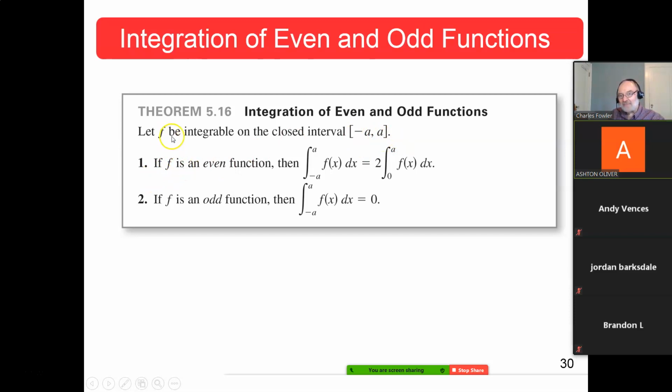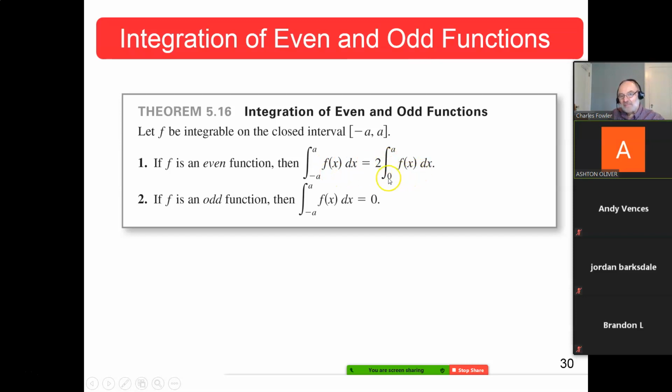If that f happens to be an even function, not neither, not odd, but exactly even, then just immediately change that to be twice the integral of that same function, f of x, from 0 to a, because that's what it's going to be. Because it's symmetric about the y-axis, so just double what you get from 0 to a.